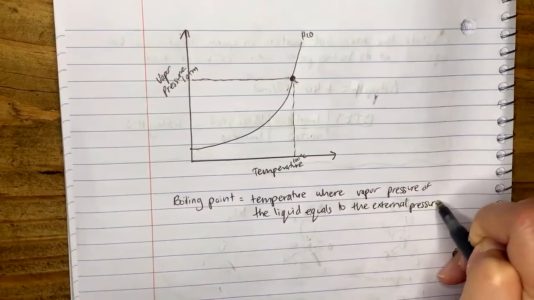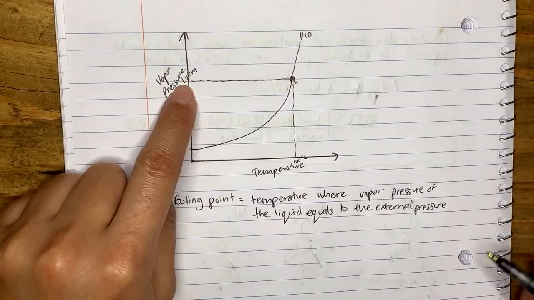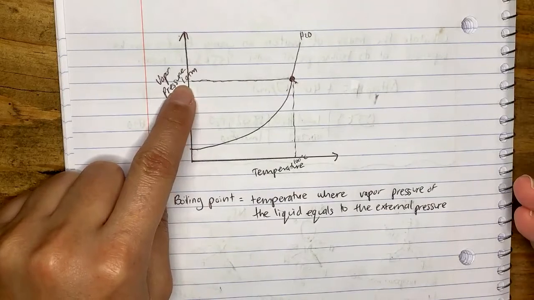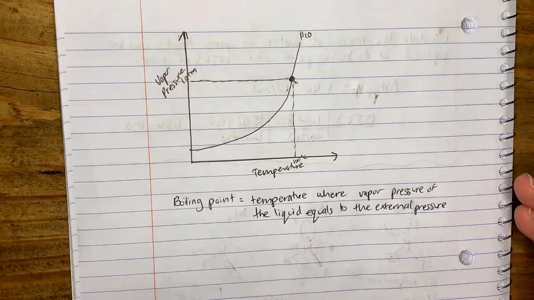So because we are at 1 atm, if my vapor pressure hits 1 atm, it's the same as my external pressure. That temperature is my boiling point. So boiling point is the temperature where the vapor pressure of the liquid equals the external pressure.